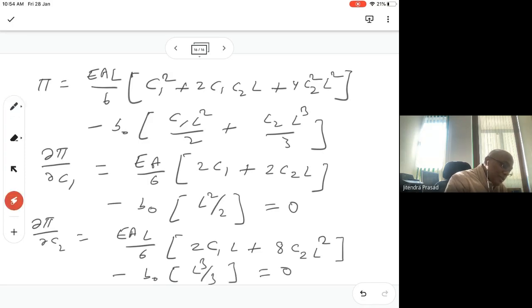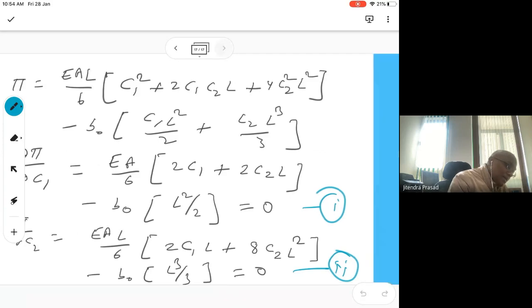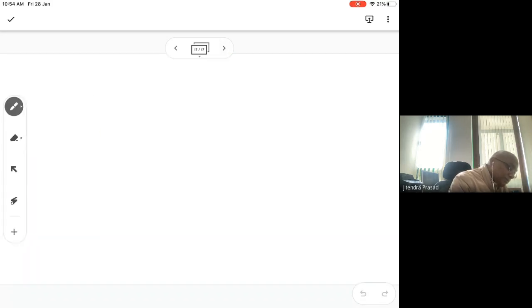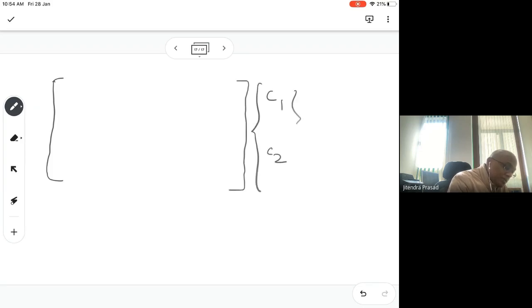So we get two equations, right? Equation number 1, equation number 2, and now we have to rearrange them in terms of C1 and C2. So we can write it here: C1, C2 is equal to some value.